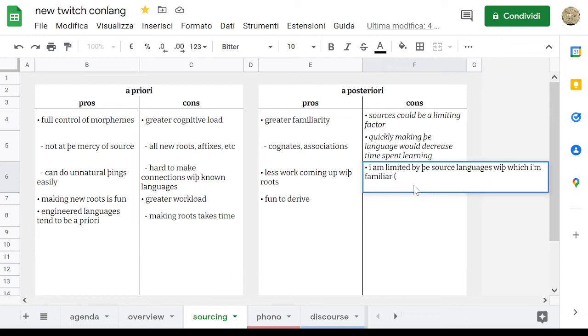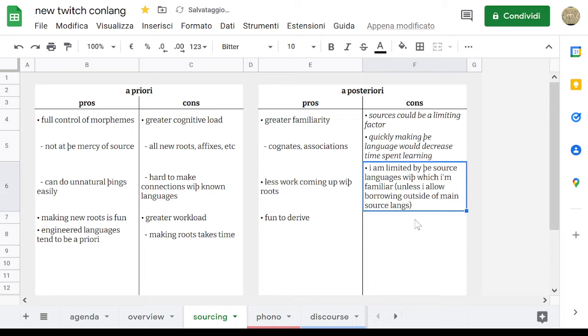I could generally get the words from languages I'm familiar with, but if there isn't a word for something, I could borrow it. That's if I take an a posteriori approach, unless I allow borrowing outside of main source languages, which I feel like I would do, because it's my conlang. I can allow whatever I want.